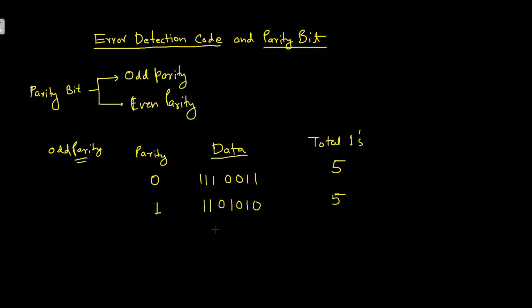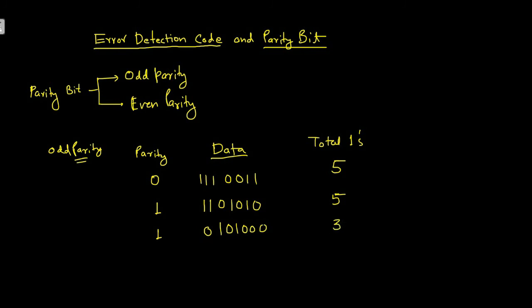Again we take another example: 01010000. Here the total ones are 2, which is even. To make it odd we add parity 1, so the total ones become 3, which is odd parity.